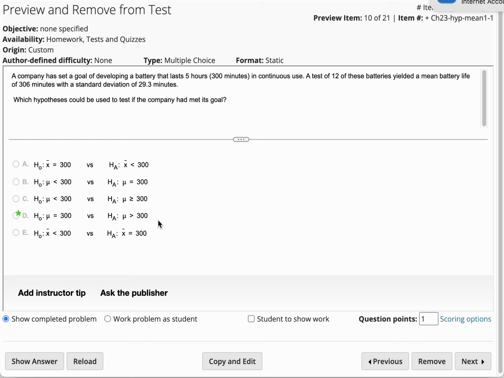To meet its goal, it has to last at least 300 minutes, which means 300 minutes or more. So the alternative is a greater than. The company claims that it lasts 300 minutes or more. So that phraseology points us in the direction of an alternative that's a greater than.